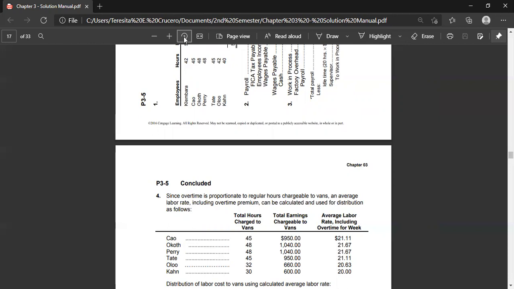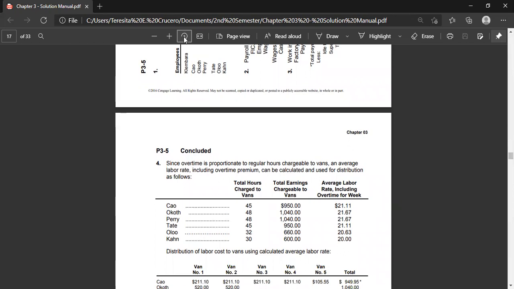So the 10 hours idle time is 200 for each of Ulo and Khan. So we now determine the average labor rate, including the overtime for the week for each worker. So distribution of labor costs to vans using the calculated average labor rate. So you now get 950 over 45.